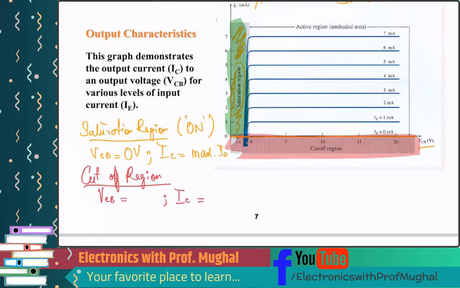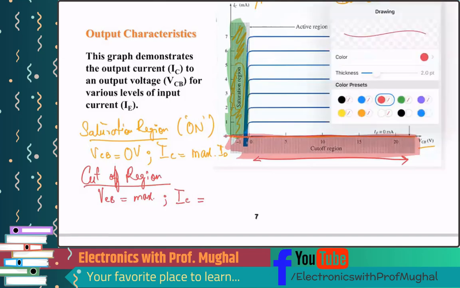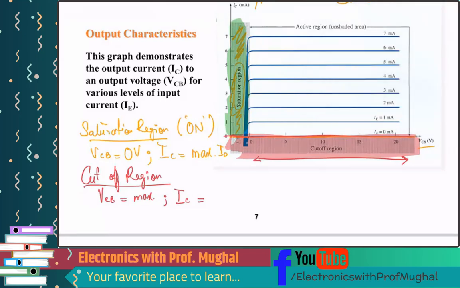VCB here is some maximum value. But IC is what? Is it 0? Yeah, IC is 0 amps here. So what does that mean? If you have no current, that means you are in the reverse bias region or cutoff region. So your transistor is working as a switch that is currently set to the off position.